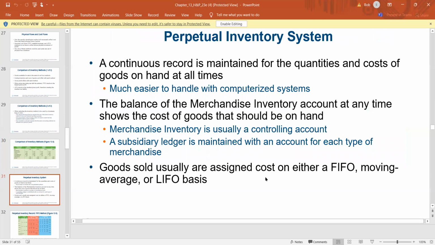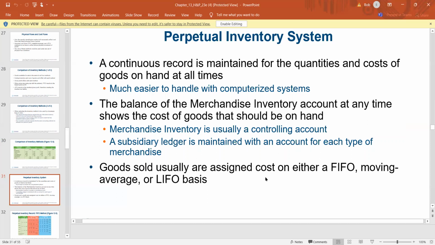Now, everything we just saw was the periodic system. Perpetual, a continuous record is maintained for everything. The balance of the merchandise inventory account shows what should be out there. And the merchandise inventory is the control account.